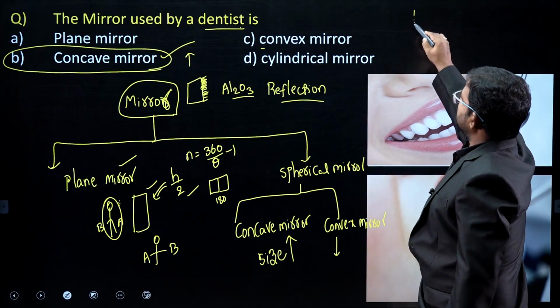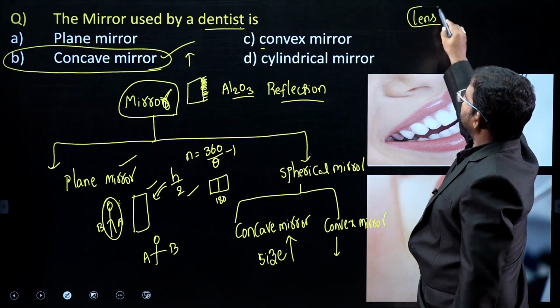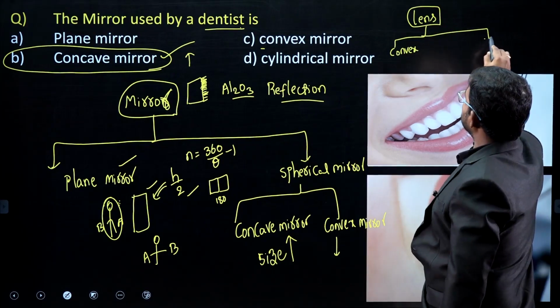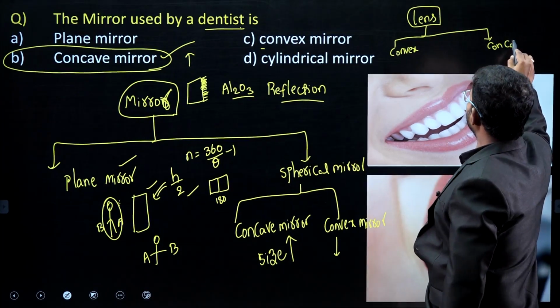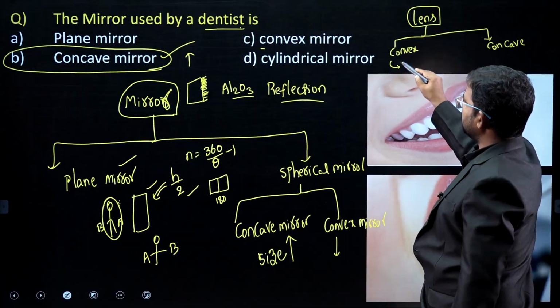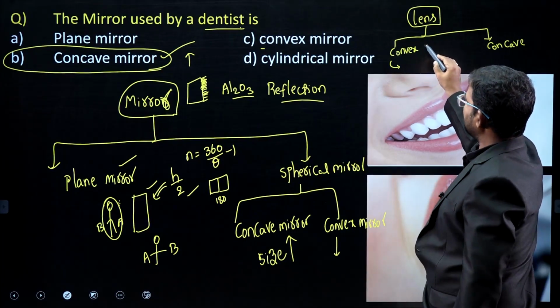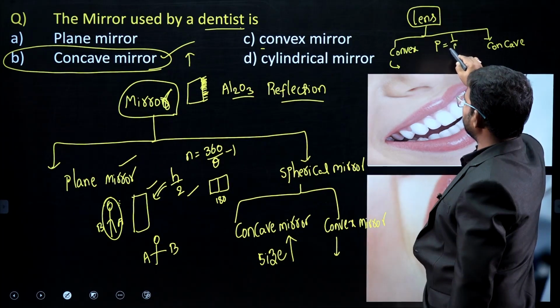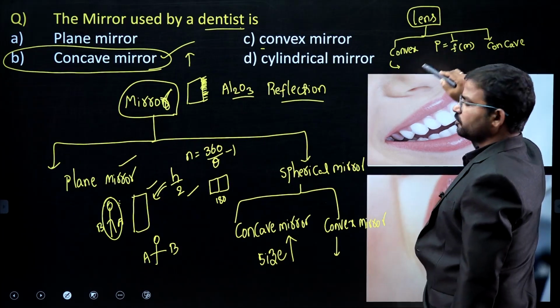What about lenses? We have the convex lens and the concave lens. The optical power is indicated with P, and this is called the power of a lens. Power of lens P is equal to 1 by F, where F means focal length.